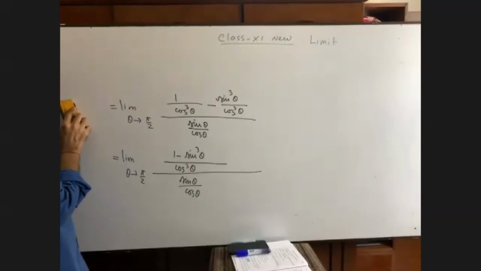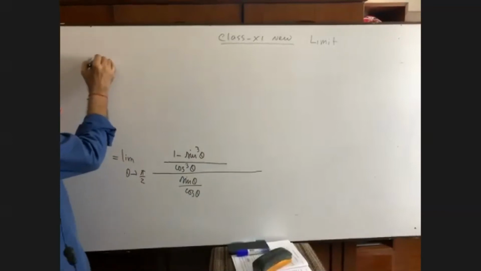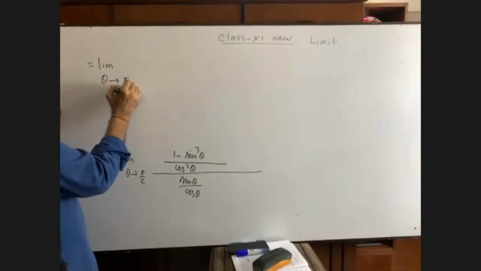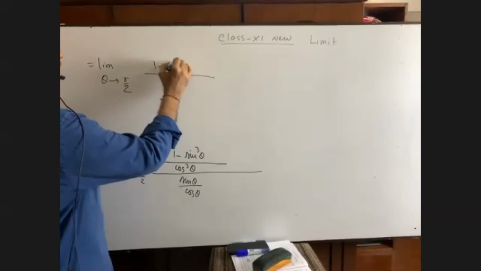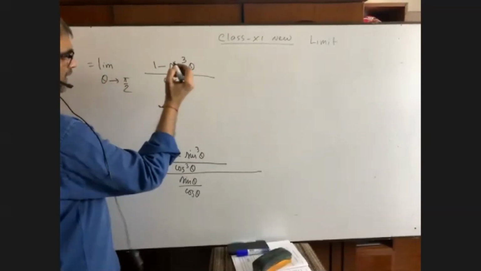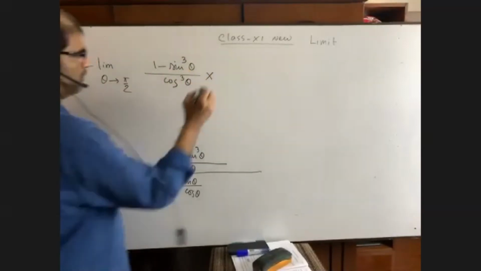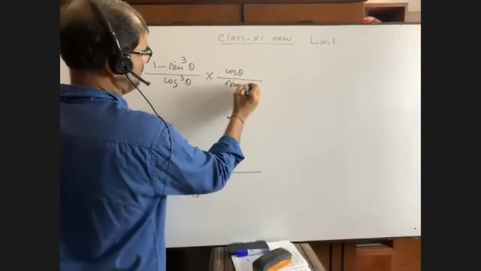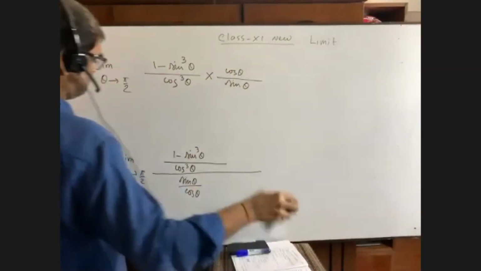Yes, sir. Now, what should we do? Limit theta tends to pi by 2, it is 1 minus sine cube theta, cosine cube theta into cos theta by sine theta. Is it okay?